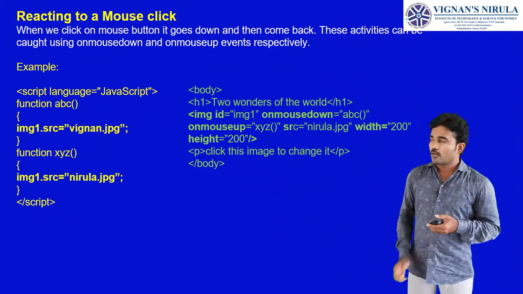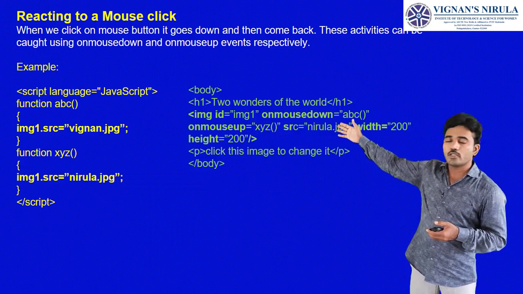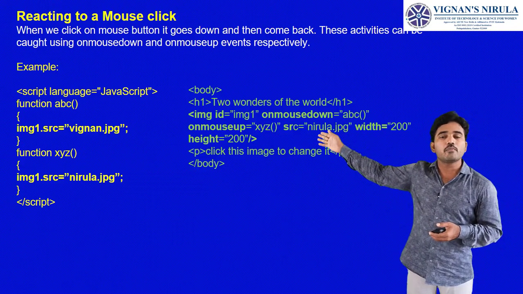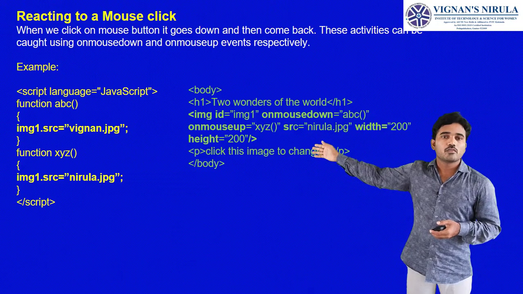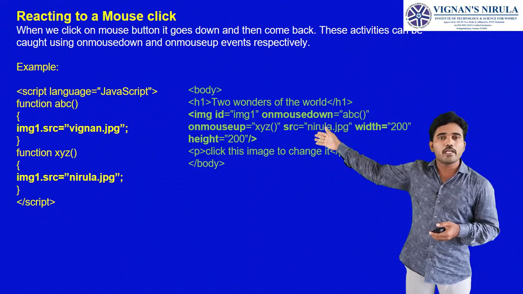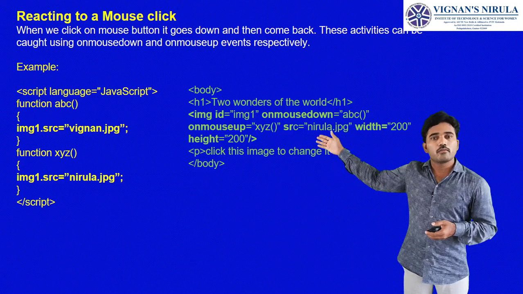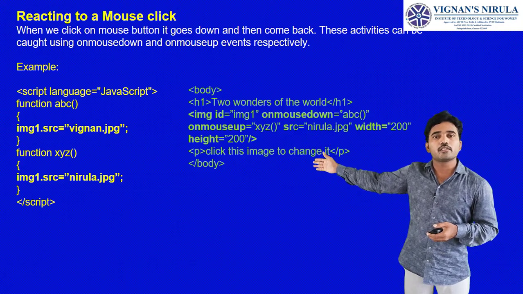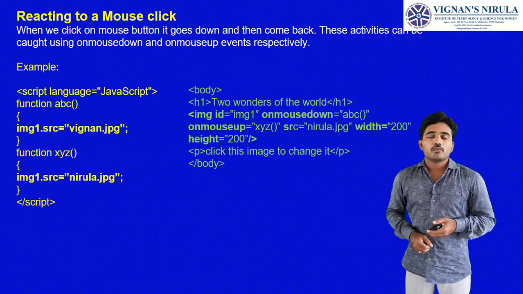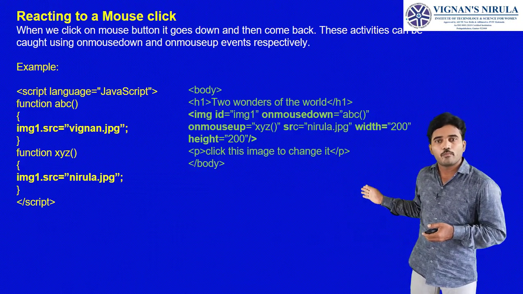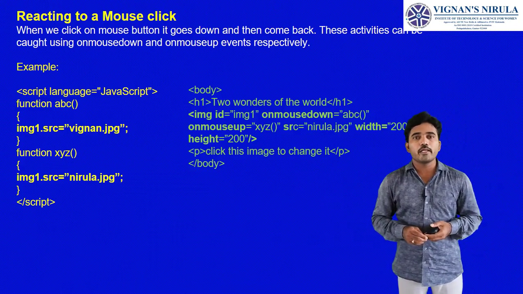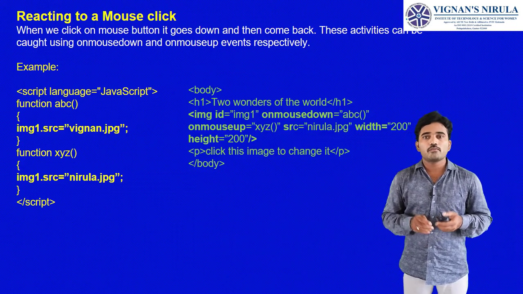See here, in the function definition I have used two functions, that is ABC and XYZ. By using the ID, that is image1.src, I have used one image, that is vignan.jpg, whereas in XYZ I have used an image, that is nirula.jpg. Coming to the body, first I have used a heading H1, "Two wonders of the world".